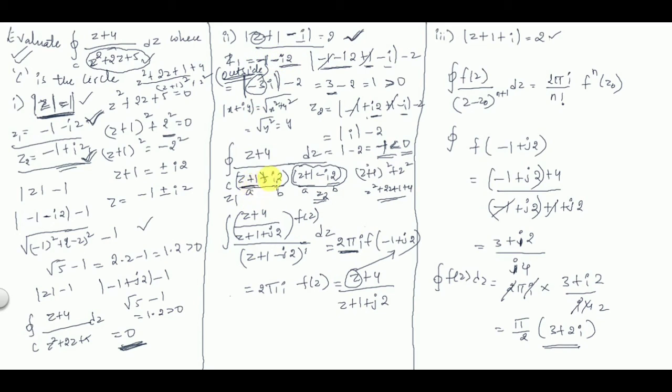We are shifting this pole, z1, to the numerator, so that only the pole which is inside the contour will be in the denominator, so that we can now apply Cauchy's integral formula. Okay, so this is the methodology which you have to follow. Next, by applying Cauchy's integral formula, it will be 2 pi I into f of this. So if you solve, you will get the answer like this.